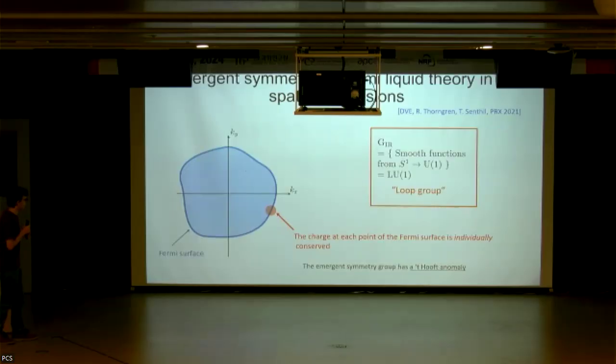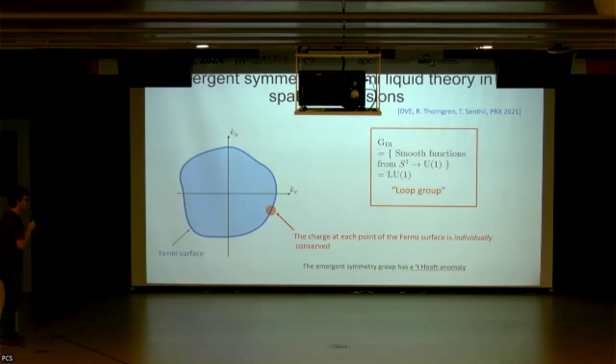And so there's a similar story in higher dimensions. Say in Fermi liquid theory, you have this Fermi surface, and if you think about the effective Hamiltonian that I wrote for Fermi liquid theory, it has a property that it conserves the charge at each point of a Fermi surface individually. So you actually have infinitely many conserved quantities.